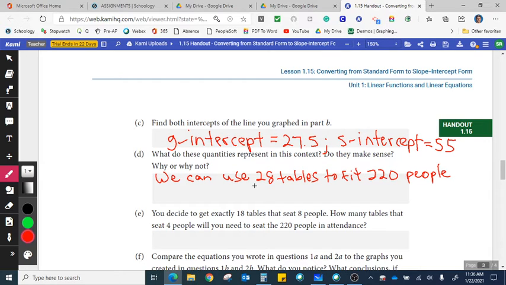And that's for your G-intercept. Your S-intercept, we can use 55 tables to fit 220 people. Do the intercepts make sense? Yes. Why do they make sense?